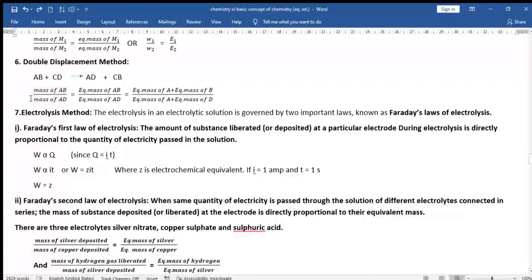So by using this formula, we can calculate the equivalent mass of one of the reactants if we know the equivalent masses of the other two.